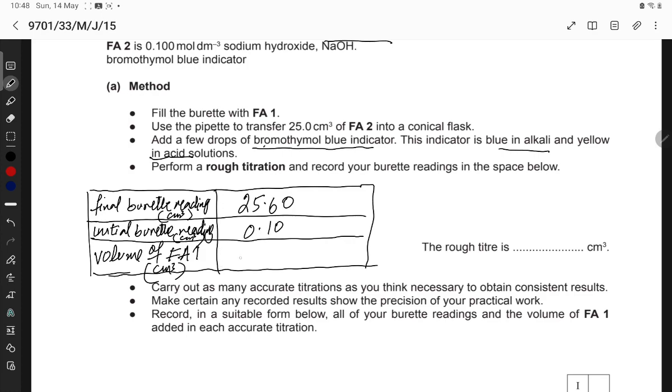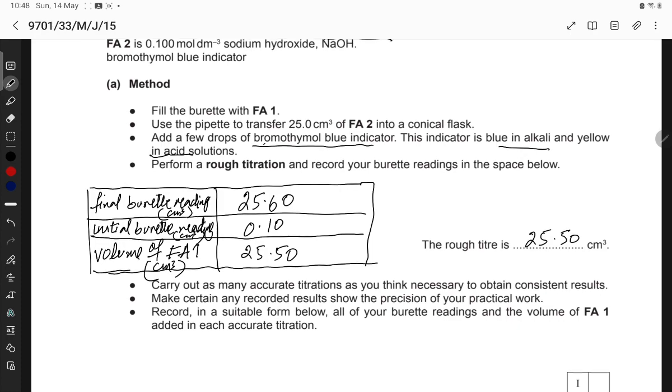By subtracting the initial reading from the final reading we get the volume of Fa1 used, that is 25.50, and the rough titration is 25.50.